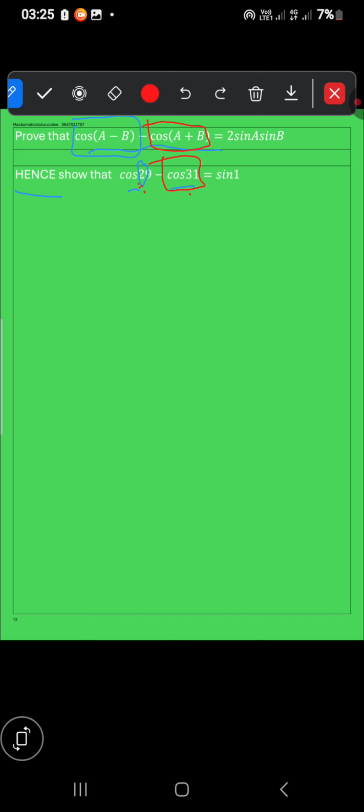Obviously that will be 30 and 1, because when you subtract them they give you 29, and when you add them together, they give you 31. So yes, 30 is a special angle. Let's follow the formula now.